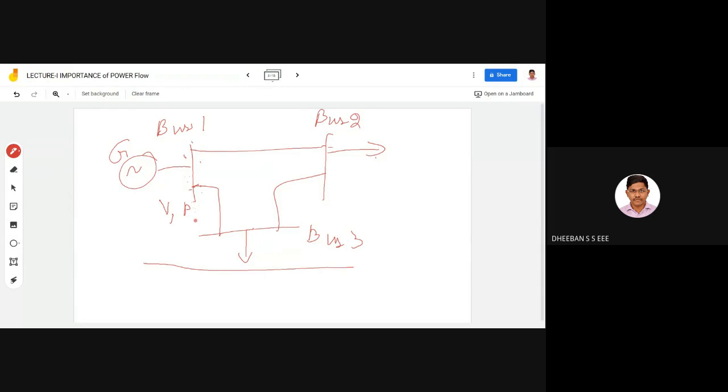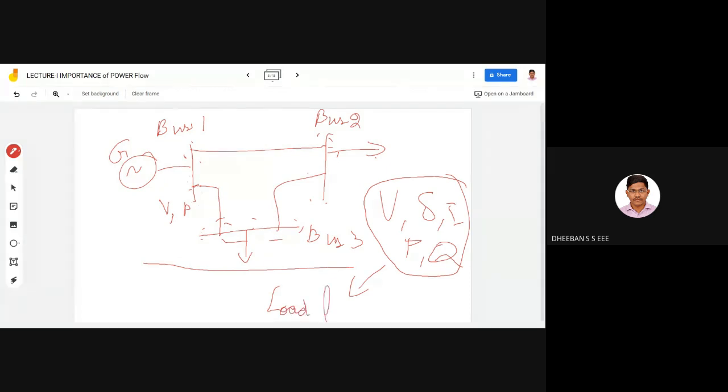But in the case of bus 2 and bus 3, you don't know the value of the voltage, or the power angle delta. Real power you don't know, reactive power you don't know, and the current flow you don't know. In order to find such parameters, you'll be going for load flow studies.